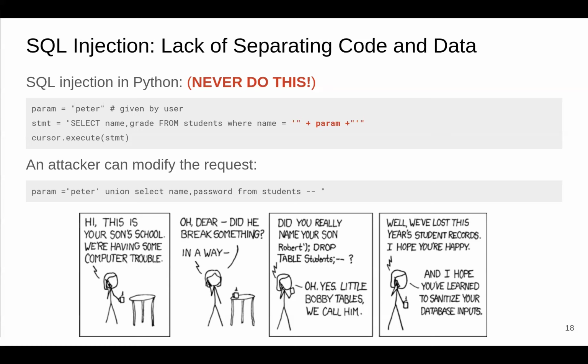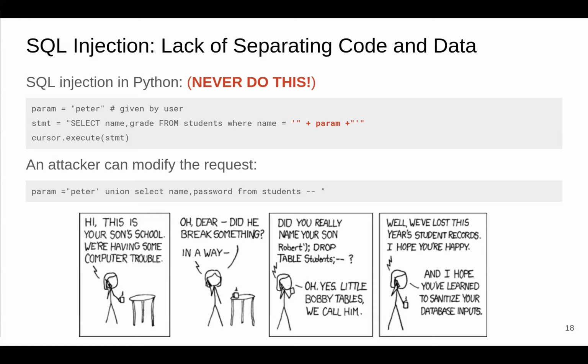So in the end, we are not separating the code that we send and the data. An SQL command is essentially a program that we tell the server, please run this program and then give us a result. But we're not just sending the program, we're also sending data. Please run this program with these parameters, with this data, and then give me the result.